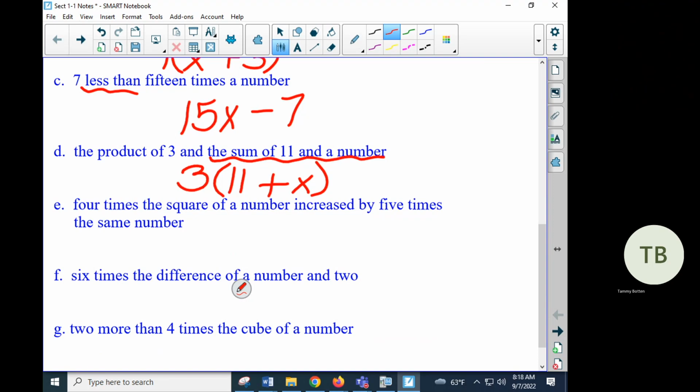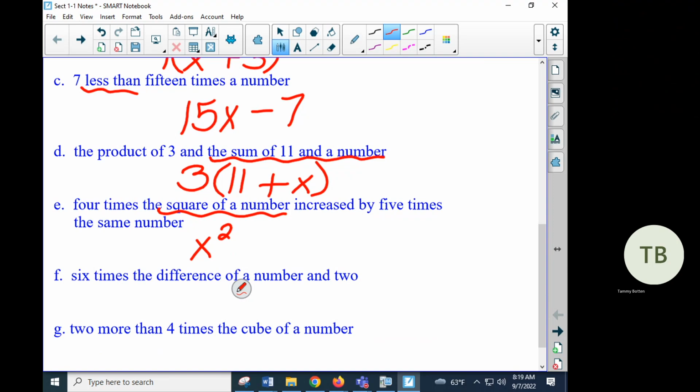Very good. This one says 4 times the square of a number increased by 5 times the same number. Again, you have to take this in parts. Do you know how I'd write the square of a number? Yeah, like x squared or n squared, okay? When it says 4 times that, I'm going to leave that 4 times till the end.